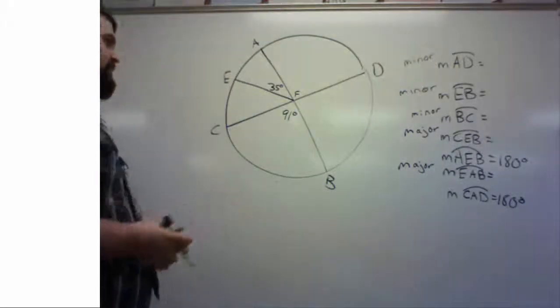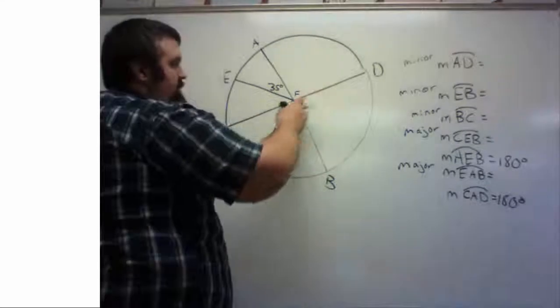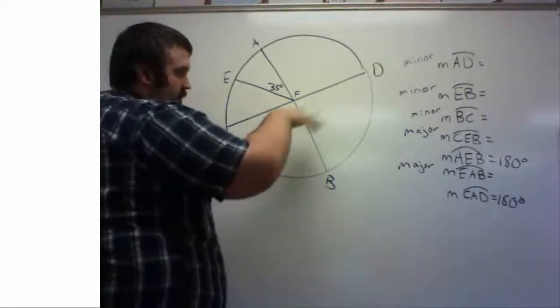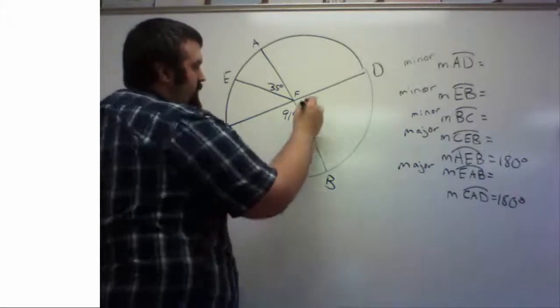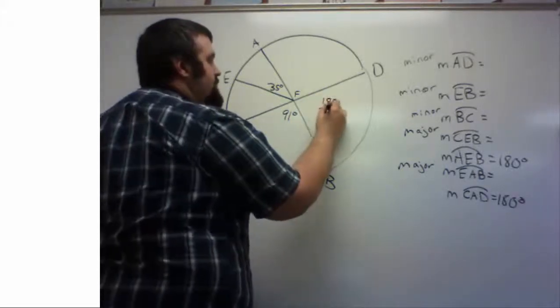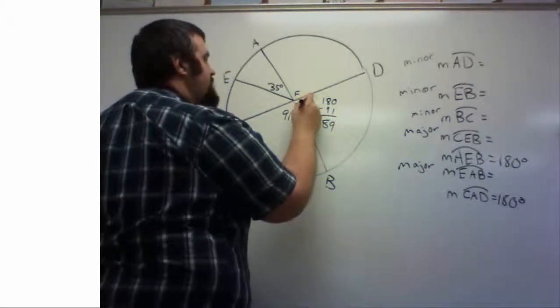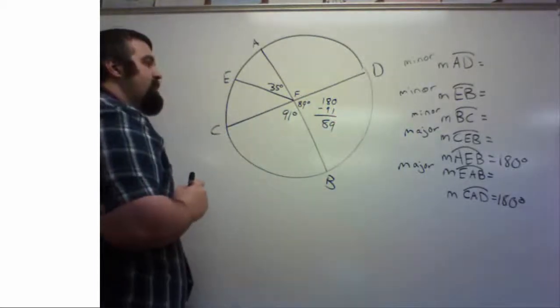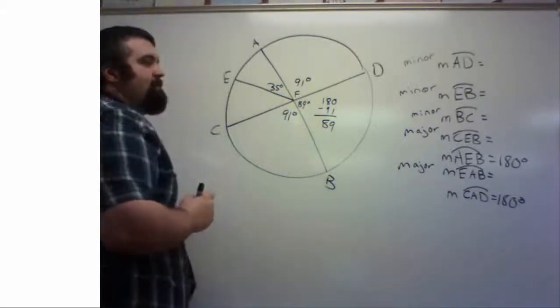Now, if I was looking at this problem, I'd probably try and fill in as much as I could. Well, if segment CD is a semicircle, the whole thing's 180. So 91 plus what equals 180? Or 180 minus 91 is what this is here. So 89 degrees is my response there. These are vertical angles, so this is a 91 degree right there.